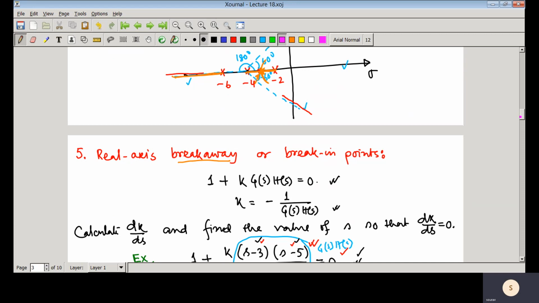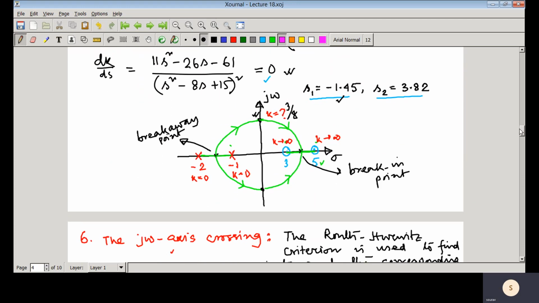That means roots would be complex conjugate, and then if we keep on increasing the value of k, at a particular value of k, again they will come to the real axis. That means again two roots would be real, so that is called the break in point, and this is called the breakaway point, and we can find it just by taking the derivative of k with respect to s and equating it to 0.